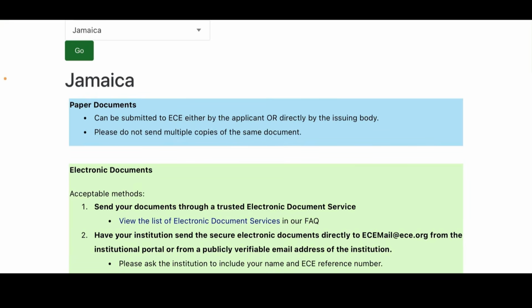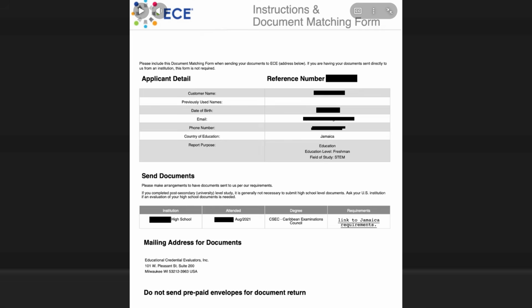Also, the issuing body, say for example, the school you requested the transcript from, they could be the one sending that transcript to ECE as well, and they will also have that transcript in a sealed envelope addressing that to ECE. However, anytime you are sending any physical documents to ECE, you would include the document matching form that I mentioned in all the envelopes.